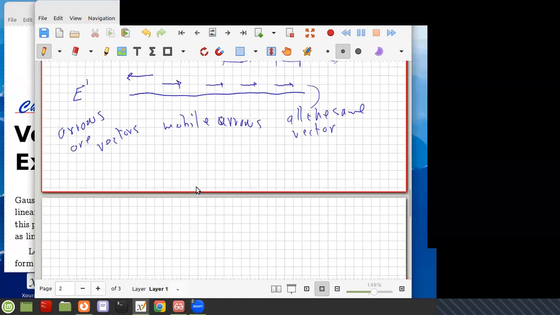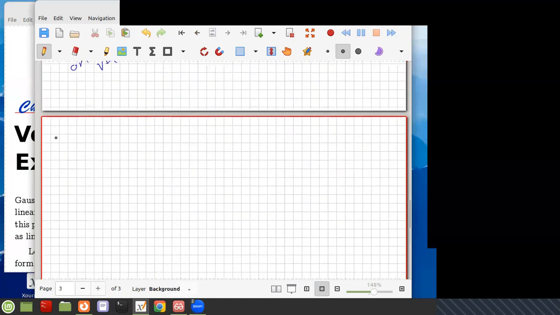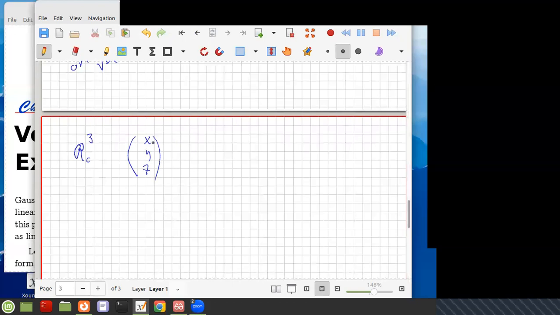So let's go back and see what the operations are for R3, in which you have your X, Y, Z, say X1, Y1, Z1. This is V1 plus V2, which is X2, Y2, Z2, and it's just what you think it is.